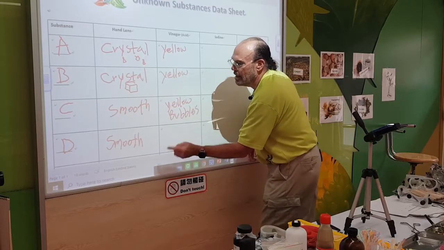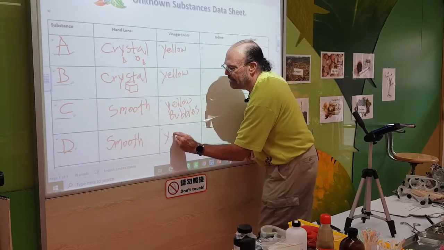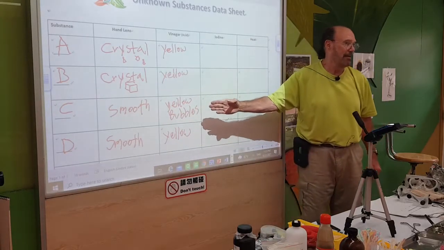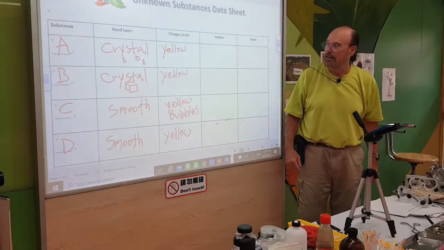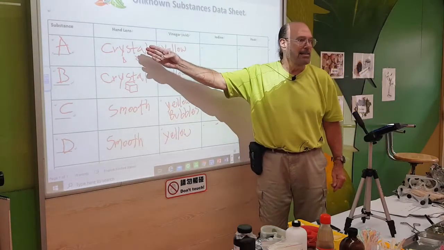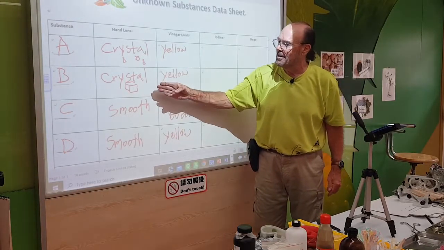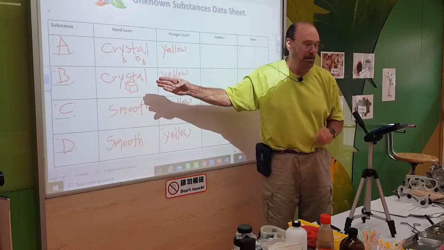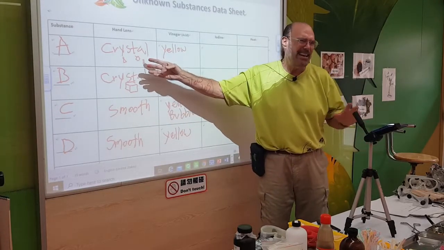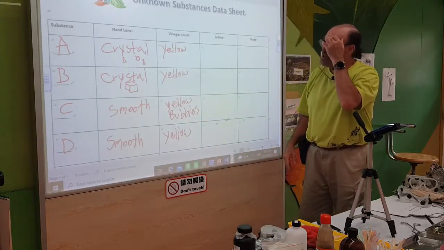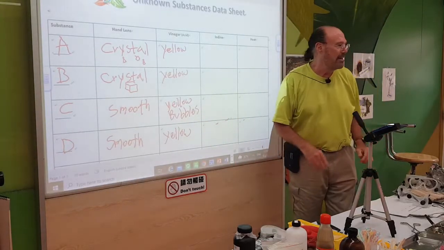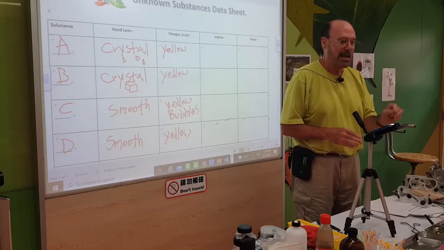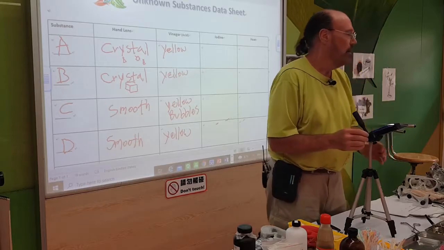And let's say yellow for D. So the only one that's different is C. For hand lens, the only one that's different is maybe B. That's crystal, that's a cube. But this one's kinda hard to say. All right, so now let's go to the iodine test. You need new powder, A, B, C, D, and then do the same again with the iodine.